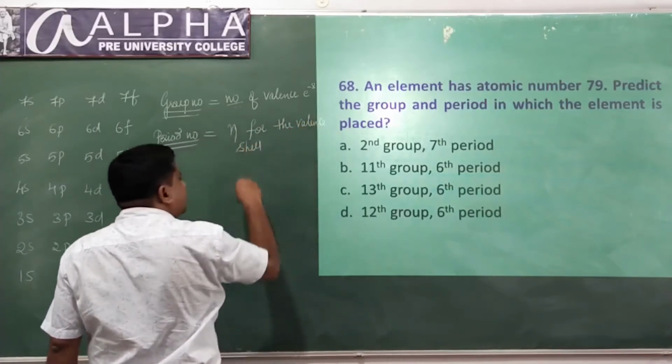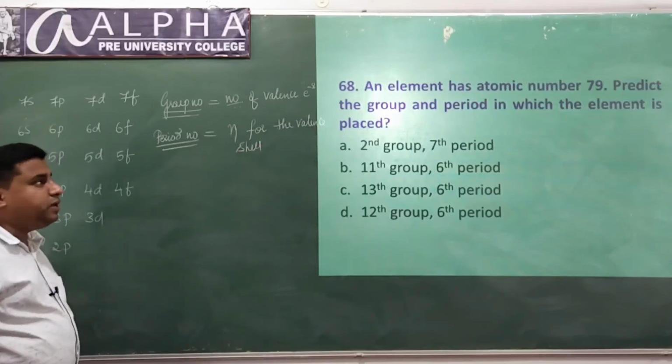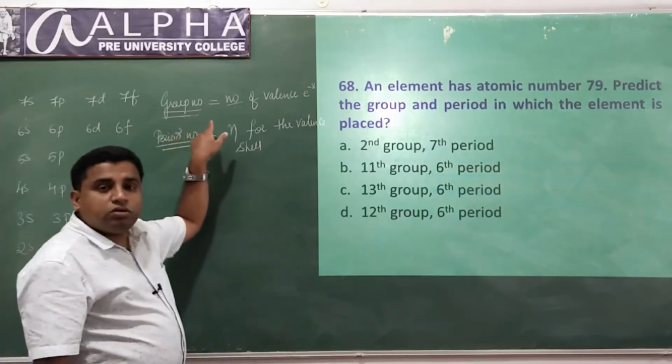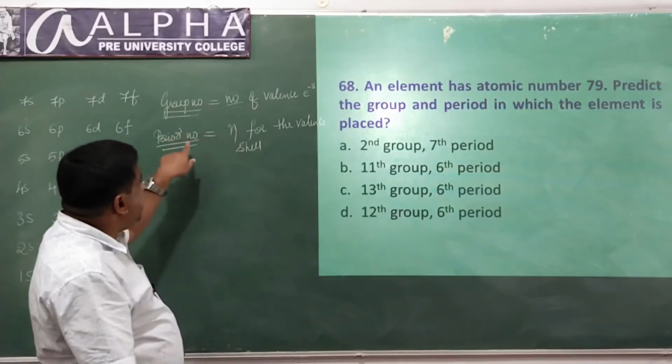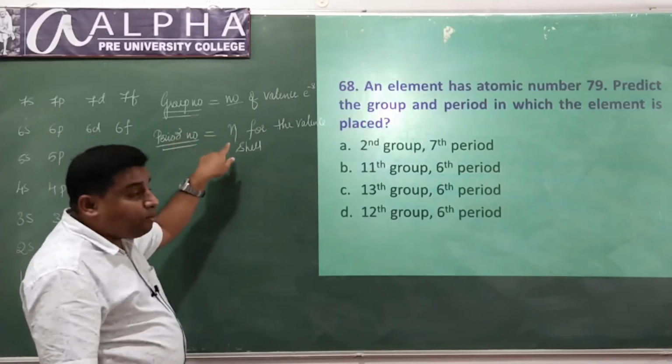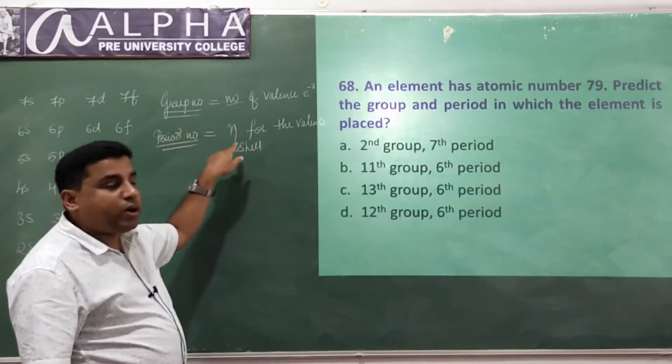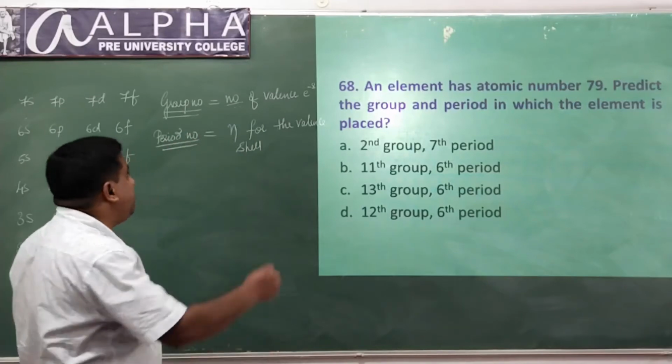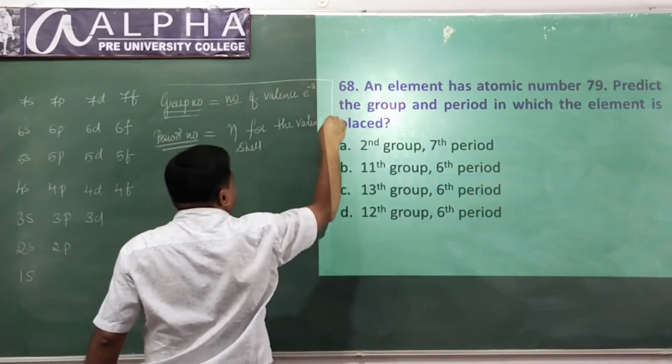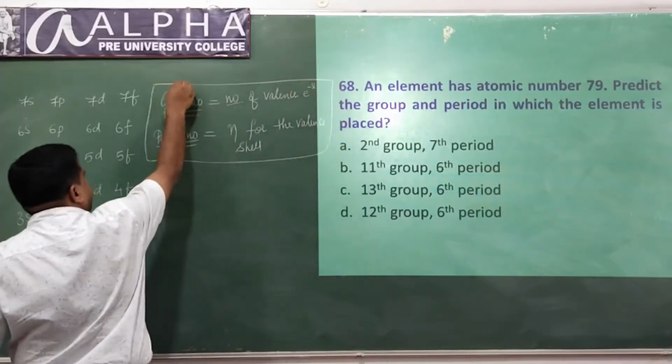Are you getting it? Simple. Group number is equal to the number of valence electrons. Period number is equal to the principal quantum number for the valence shell. Do remember this if you want to find the period number and the group number.